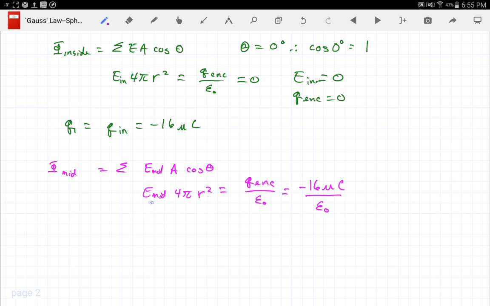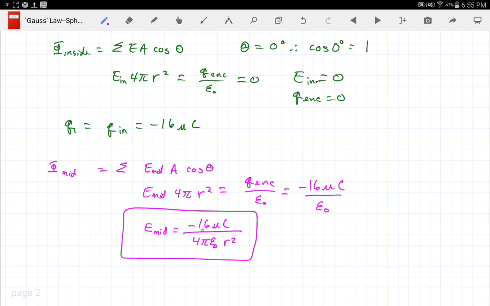Now let's solve this for the electric field. Now this is kind of mixed. I have the charge in the actual number, and I have everything else in symbols.